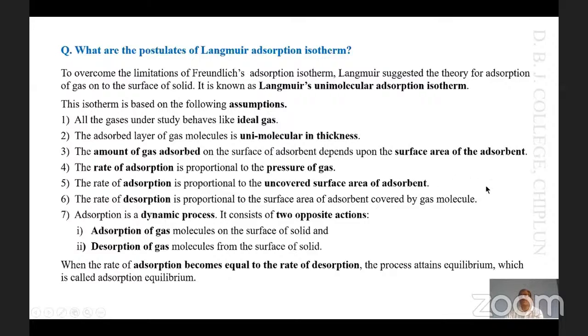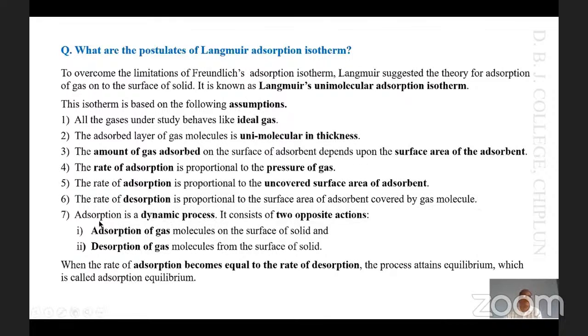Larger is the uncovered surface area of the adsorbent, higher will be the rate of adsorption. The next assumption is that the rate of desorption is proportional to the surface area of the adsorbent covered by the gas molecules.